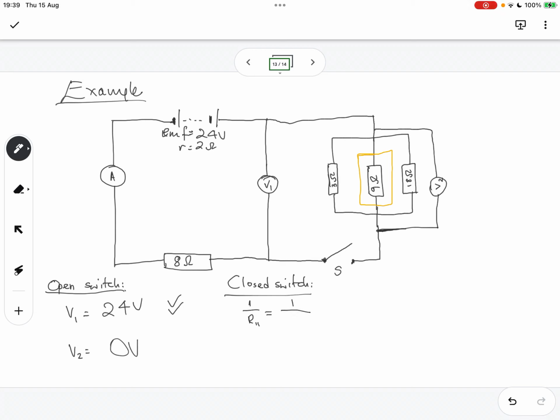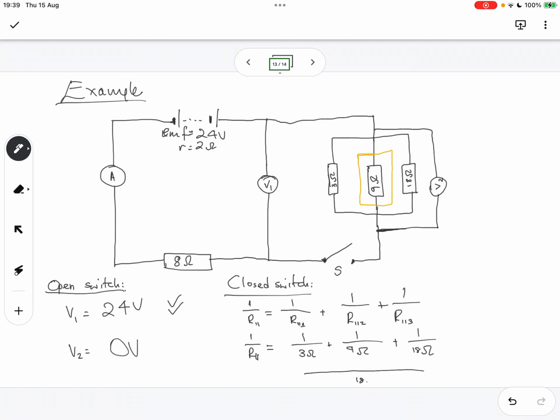We say 1 over R parallel equals 1 over R parallel 1 plus 1 over R parallel 2 plus 1 over R parallel 3. So the first one is 1 over 3, the second one is 1 over 9, the third one is 1 over 18.